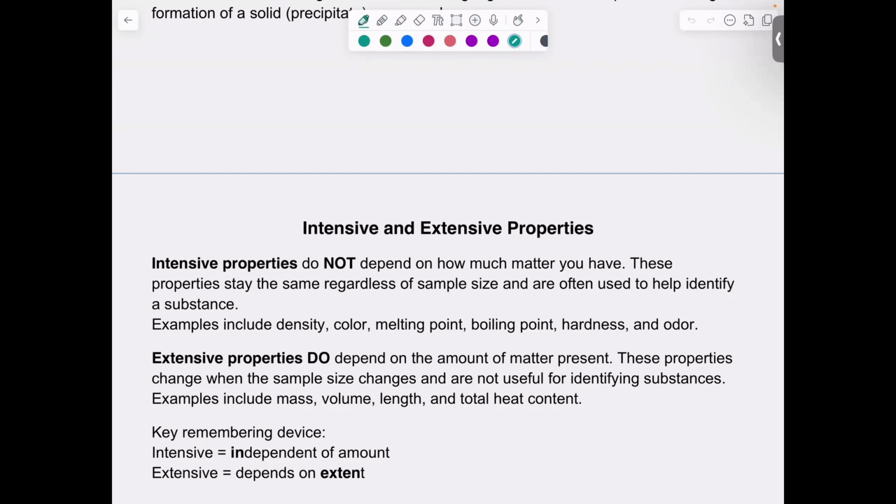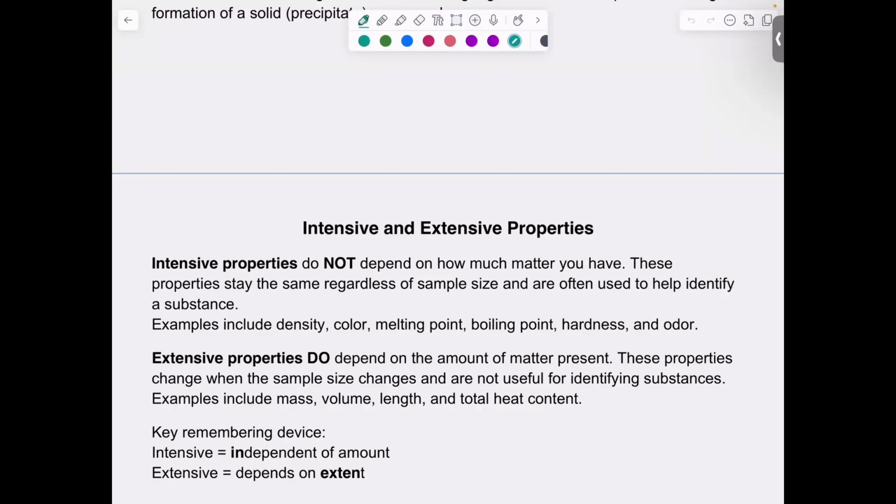Now, when it comes to intensive or extensive, the key difference is, does it matter how much substance you have? With intensive, it does not matter. These properties include density, color, melting point or boiling point, hardness, and general odor that these substances might have.